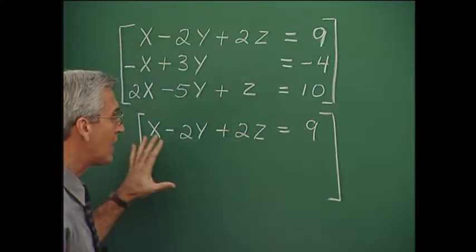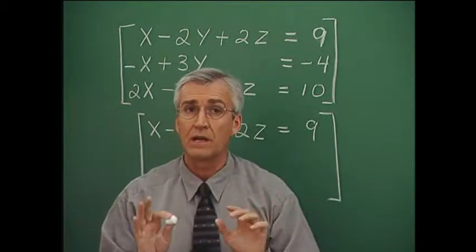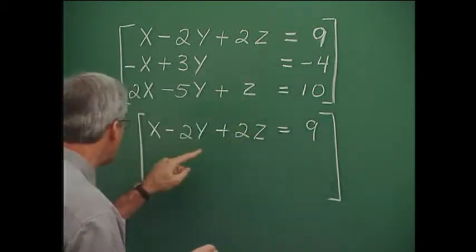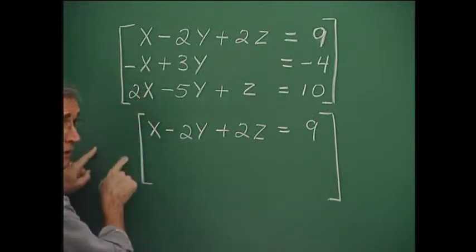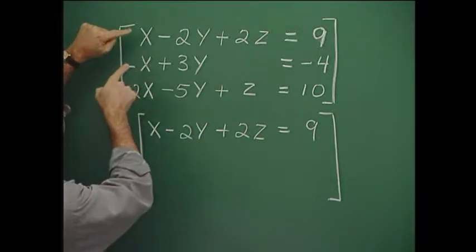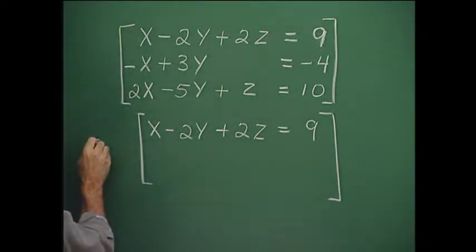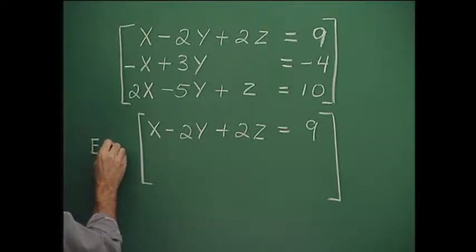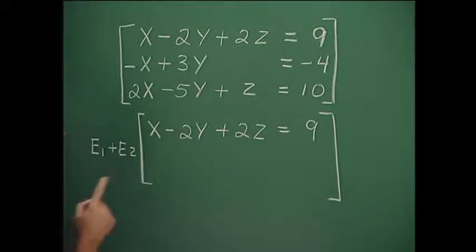In order to keep track of the operations being performed, I'm going to make notes out here to the left of this bracket. I'm deciding what to do by looking at these terms. All I'm doing is adding the two equations: I'm taking equation 1 and adding equation 2. All right, let's do that.